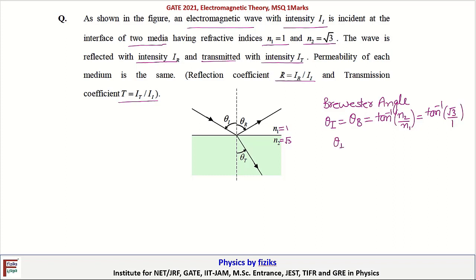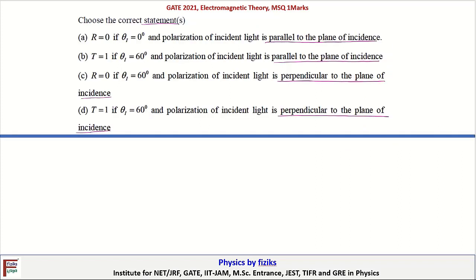So theta I is equal to theta B is 60 degree. So the Brewster angle is 60 degree. Now what will happen at this particular angle?